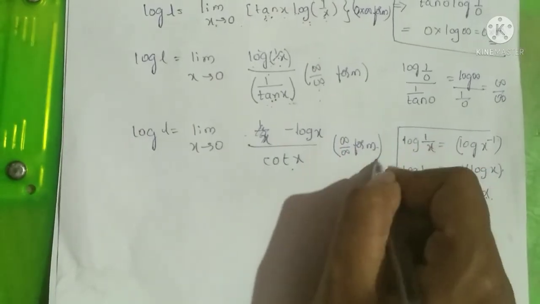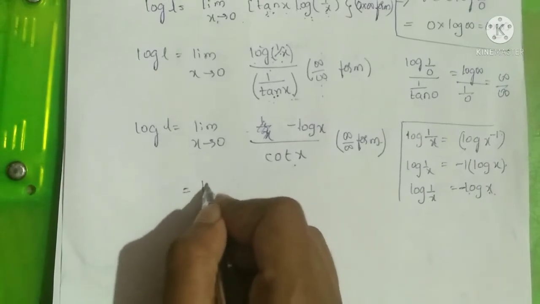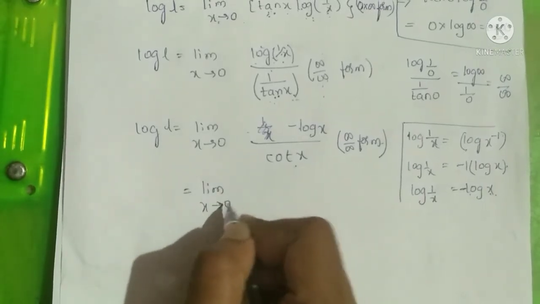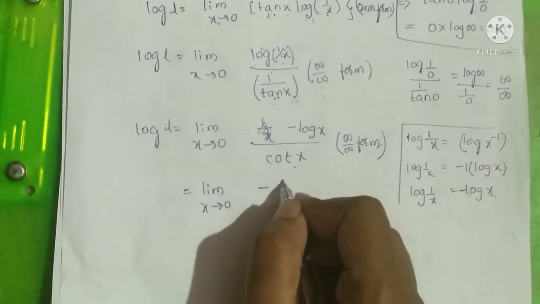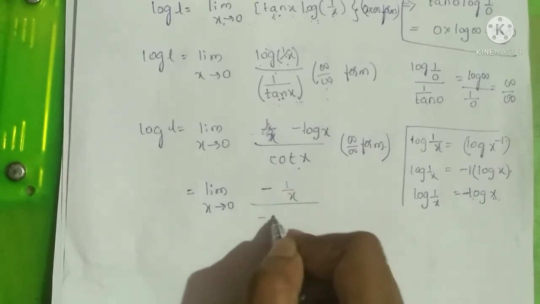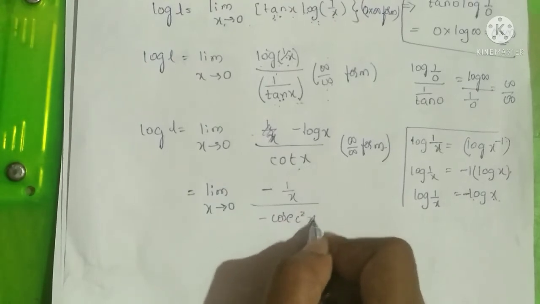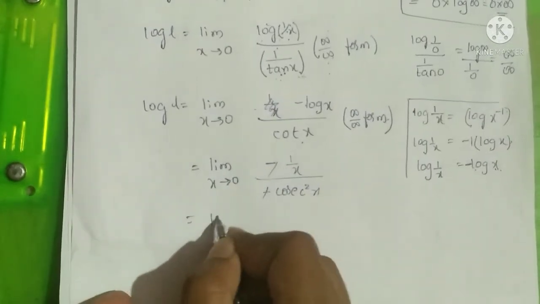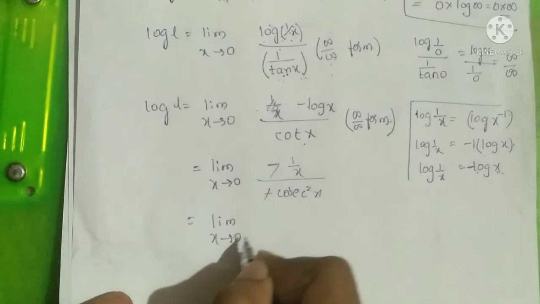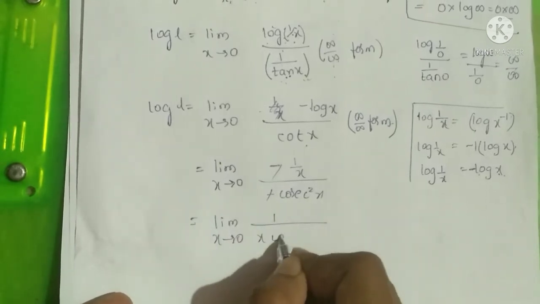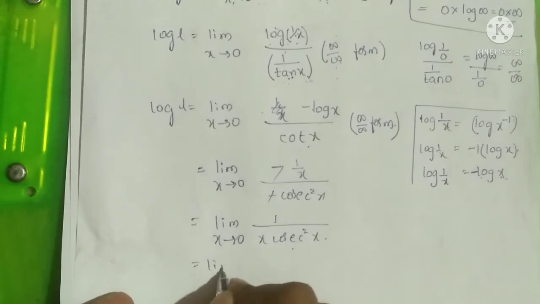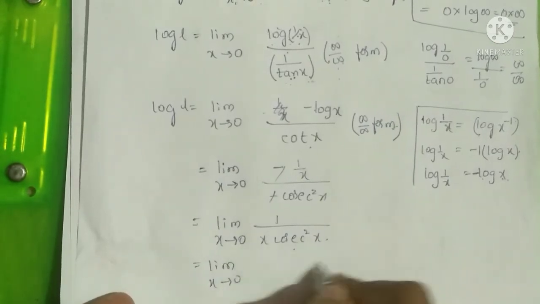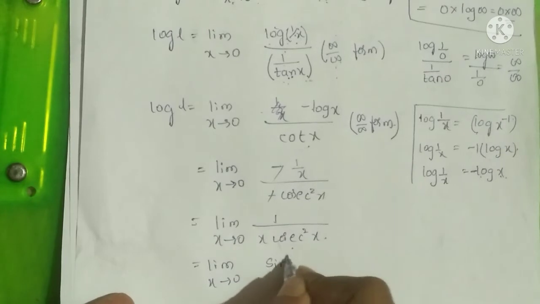Now you can differentiate separately the numerator and denominator. The minus as it is, log x differentiation is 1 by x, and cot x differentiation is minus cosecant square x. Minus minus cancels, and you can write limit x tends to 0, 1 divided by x into cosecant square x. 1 divided by cosecant square is sine square x, so it can be written as sine square x by x.